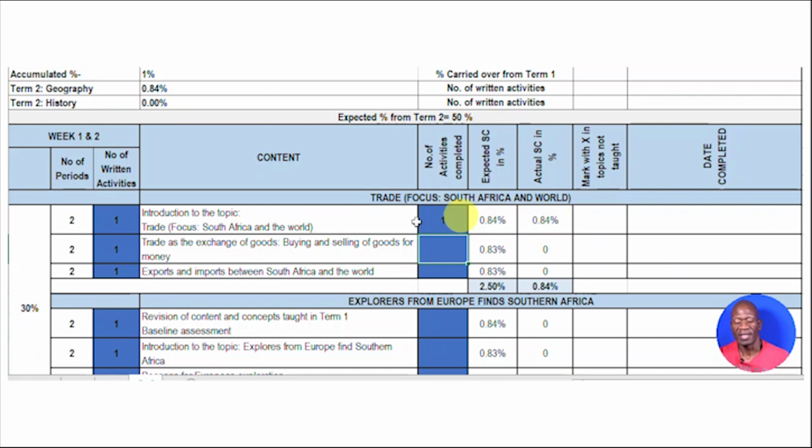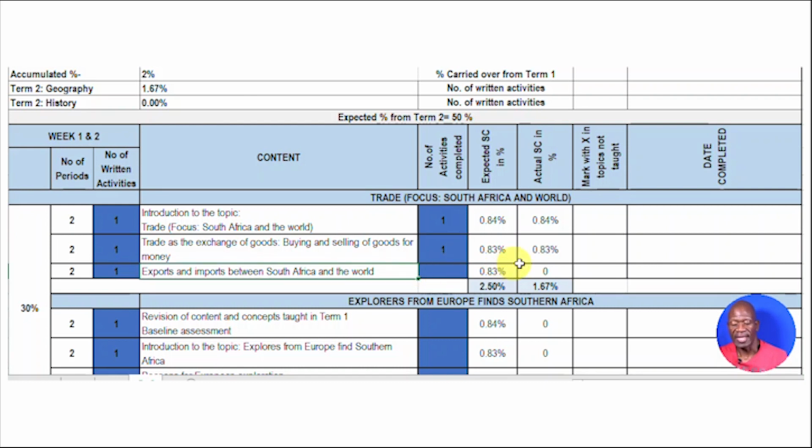0.84%. Then moving right along, the next 2 periods. The expectation in terms of number of activities, we are having 1, the topic is this one, or the content. If the teacher again has done that, he or she is going to indicate that the expected number of activities is 1 and I have done 1, then I'm going to type 1.